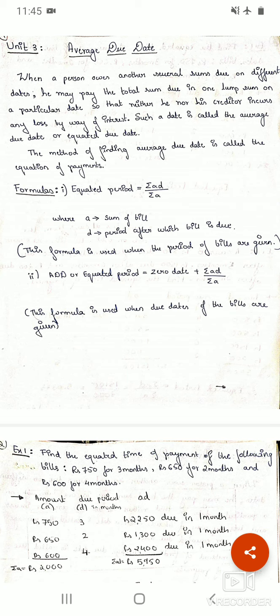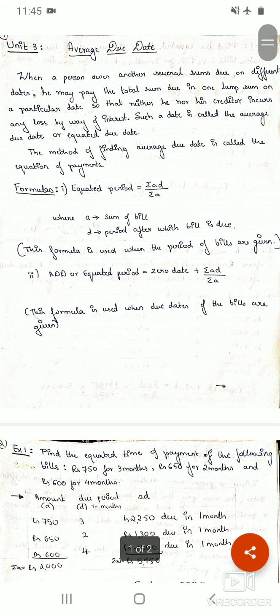So what is this average due date? In business or in any industries, it is very common that transactions happen very frequently. It is not just you take a product once and you stop. There will be some deals wherein you have to take products often.